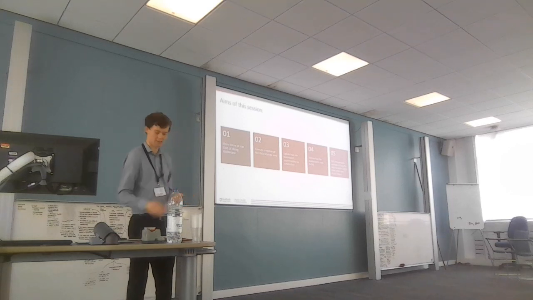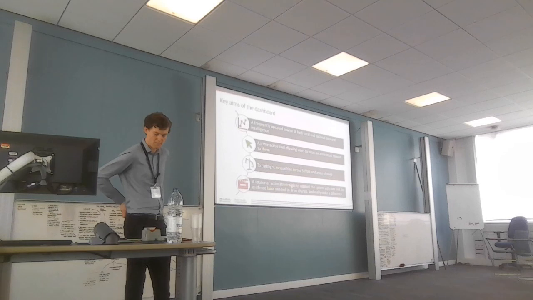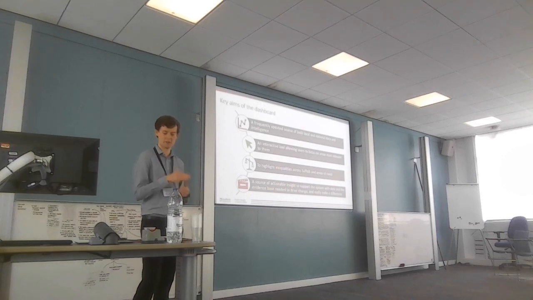So some of the key aims of the dashboard really was a focal point for relevant data. I mentioned before about how we wanted to be relevant for the Suffolk population, and a key part of this is looking at small geographies. So rather than Suffolk as a whole, actually let's look at these really small areas.